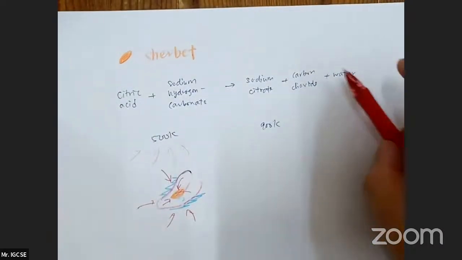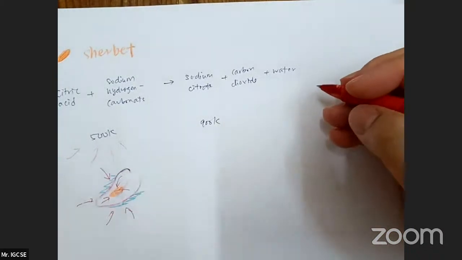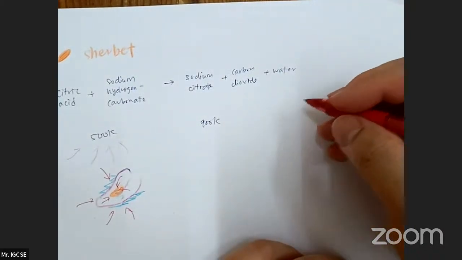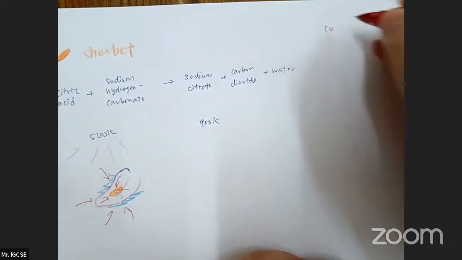Other examples are not only melting, but also number 3, which is cooking.